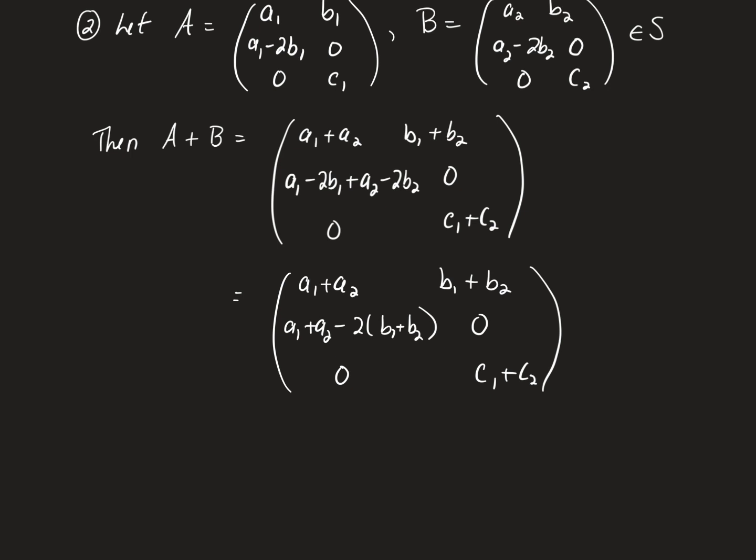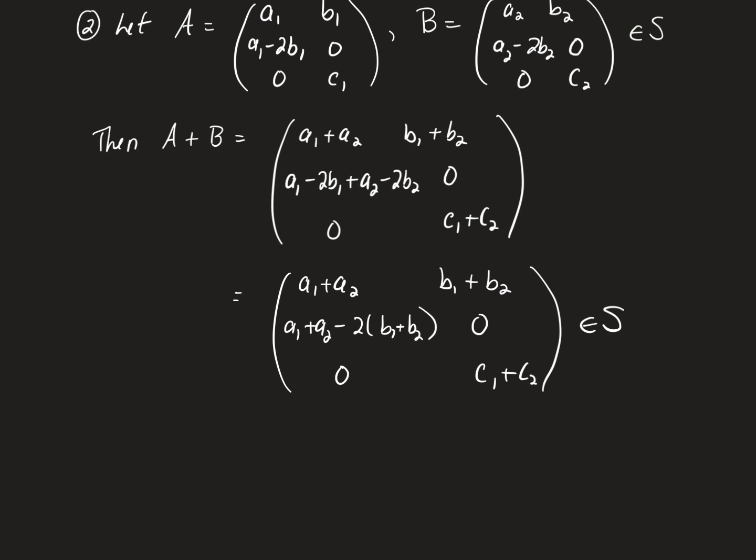So I've rewritten that entry of the matrix because I can clearly rewrite it in this way. And as you can see, I've got that entry is equal to this entry minus 2 times that entry. And that is the property I need, plus that those certain components are 0 for this to be in S. So I've got that it's closed under addition.